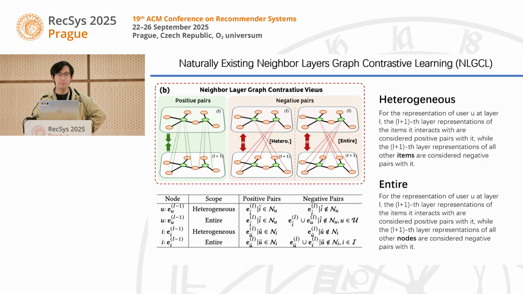But for the heterogeneous scope, the layer L plus 1 representations of all other items are considered negative pairs with user U. For the entire scope, the layer L plus 1 representations of all other nodes, rather than only items, are considered negative pairs with user U. And we summarize the positive pairs and negative pairs for all the scopes in the lower left table.